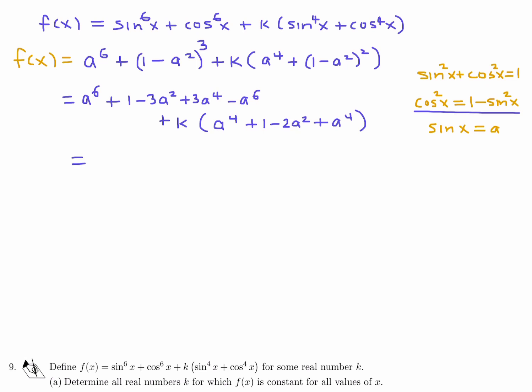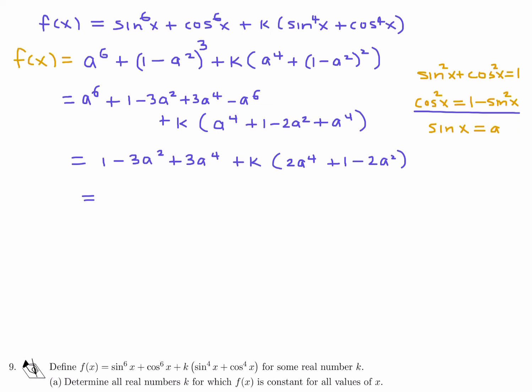Now let's see if we can collect any like terms. I think not much cancels, but the a to the 6th cancel, so that's good, right? And then for the k part, we can combine those a to the 4ths like this. And I think that's about as far as we can go there. All right. So far, so good.